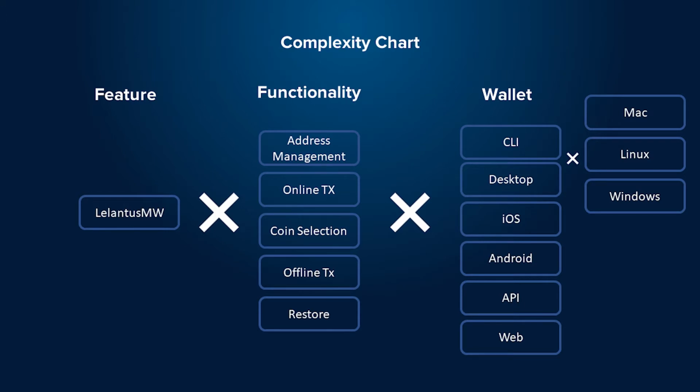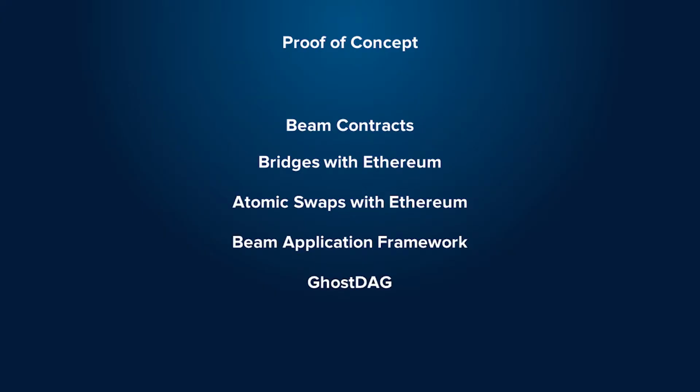This is why it takes more time incrementally to add new features as the project becomes more mature. This is by no means specific to Beam. It happens in all software projects, but this might explain why it looks like it takes more time to release the next version.